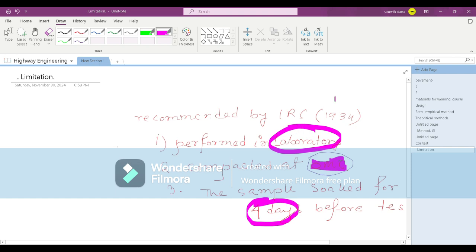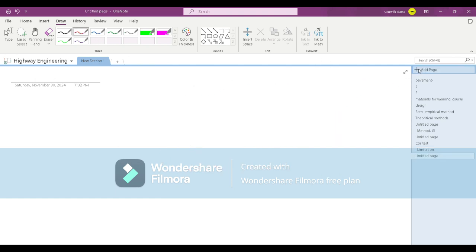These are the key points. And another thing is that at least 3 samples are tested.